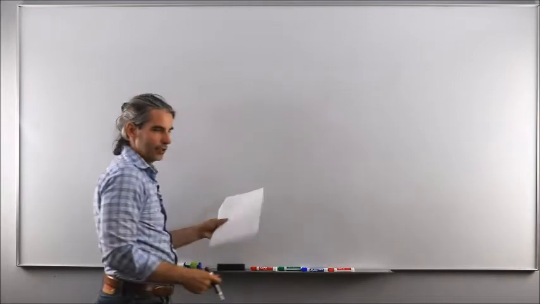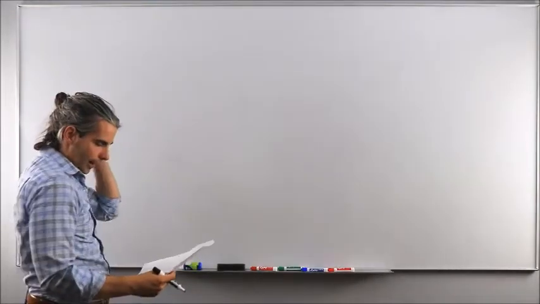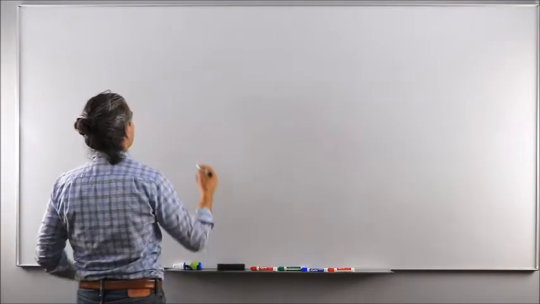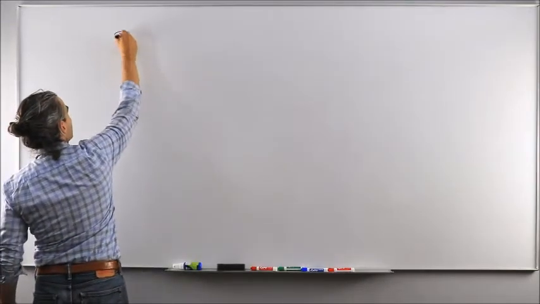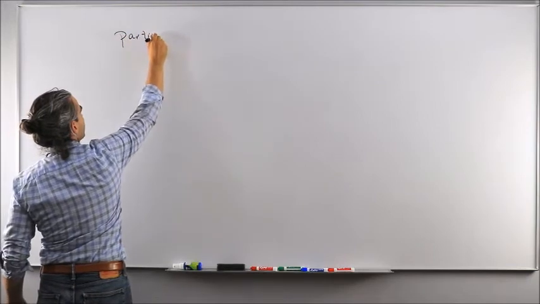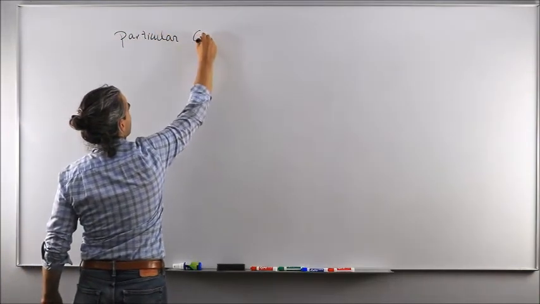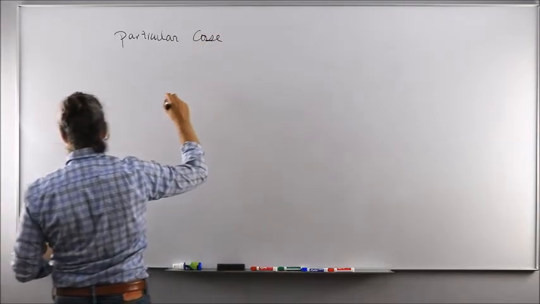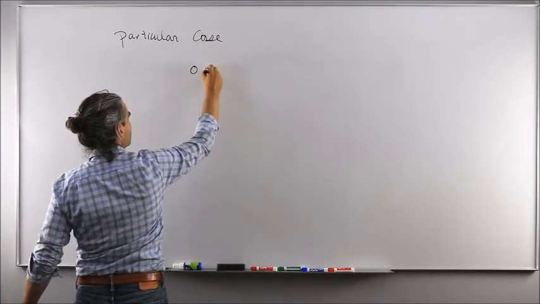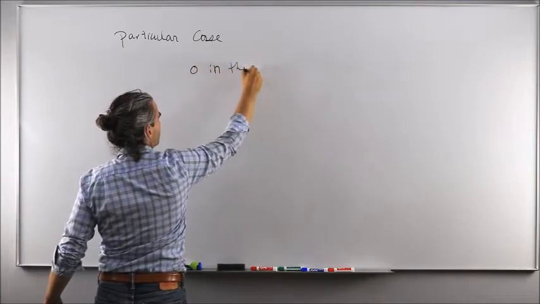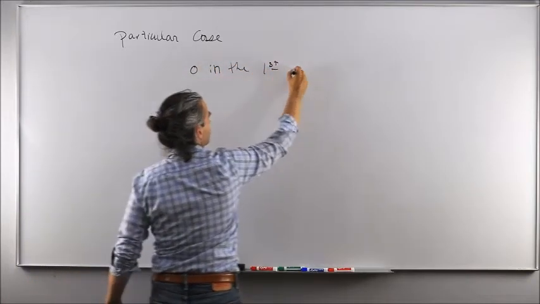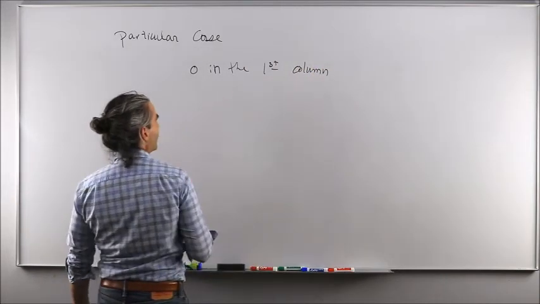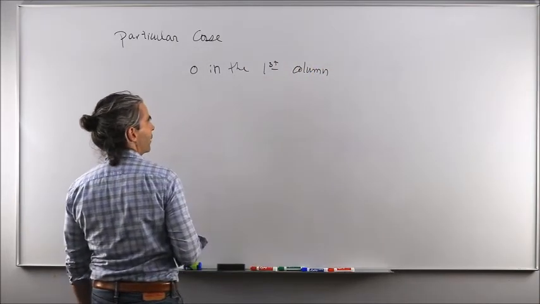If you try to divide by 0, you're going to get infinity, and that's an indication that something is not going according to plan. This is a particular case. If you end up with a 0 in the first column, you have to stop there and apply the following solution.